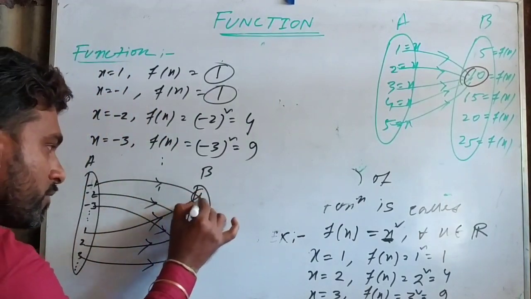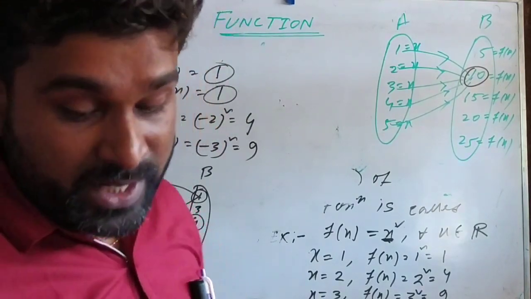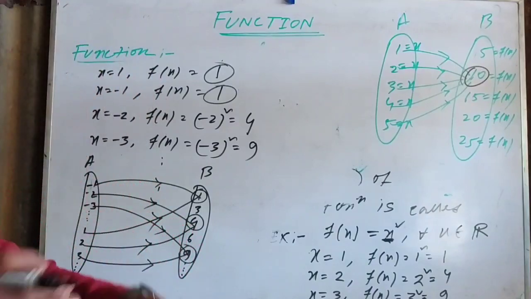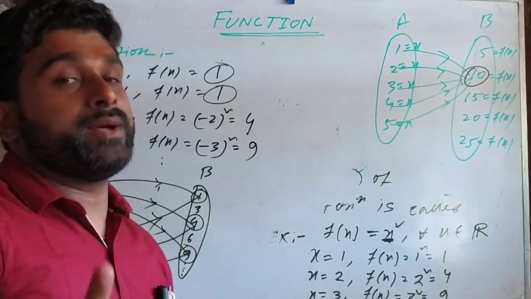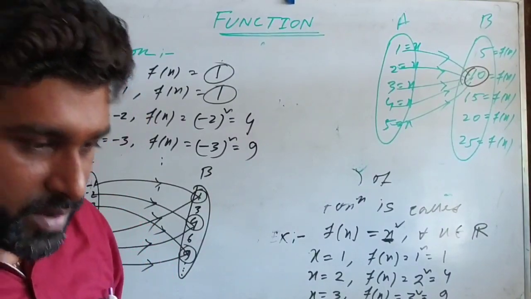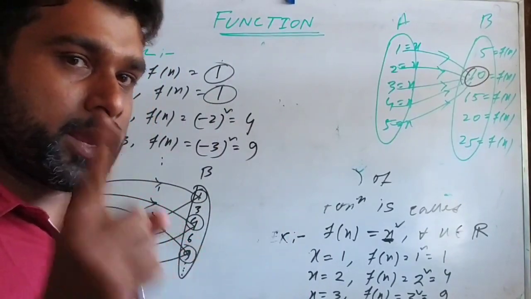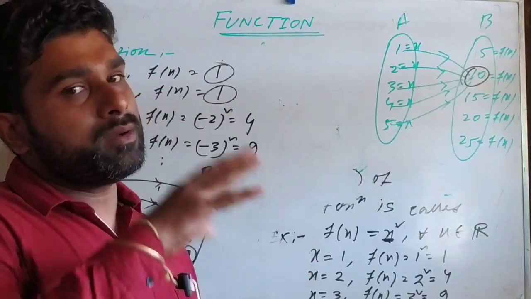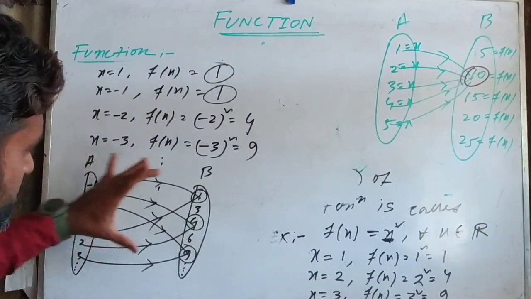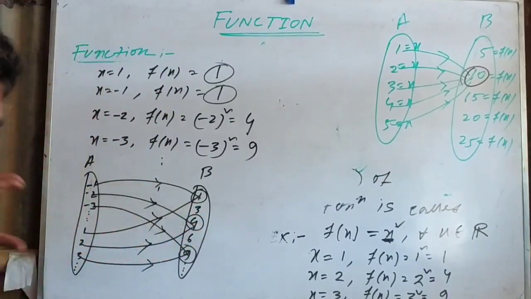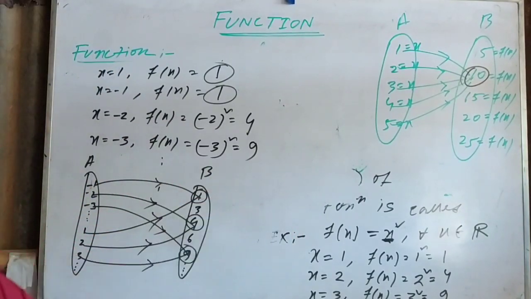You can see everywhere the output is unique, not repeated, for multiple values of x. It is not that you choose one value of x and two values of f(x) come out. You choose the values 2 and 3 of x, but what is the output of f(x)? Only one comes. That means when the output is unique, this type of function is called many one. You can see clearly the many one function. Okay, many one function. Am I right?